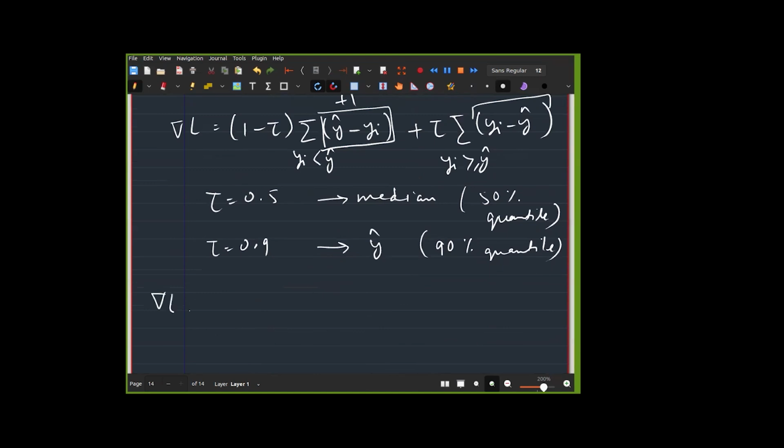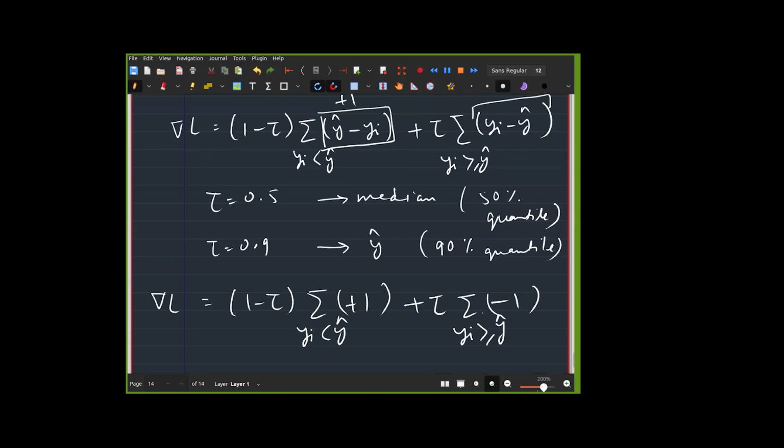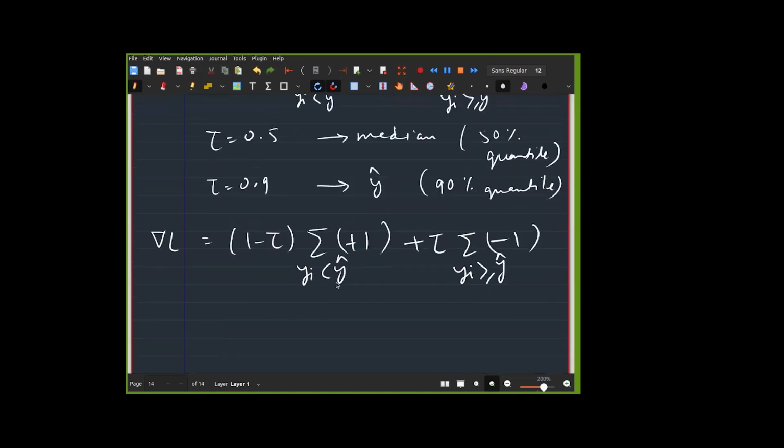My gradient was equal to 1 minus tau times the summation over yi less than y hat, all the plus ones, plus tau times the summation over yi greater than or equal to y hat for all the minus ones. So basically that is my gradient, and that is how I can tune my optimal point based on quantile. So if tau is equal to 0.5, obviously this quantity is equal to 0.